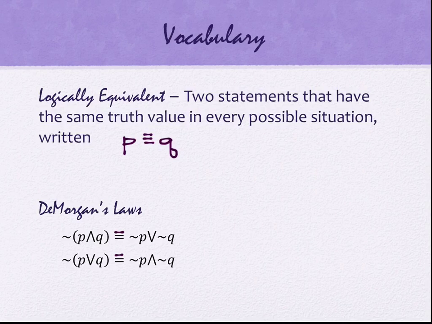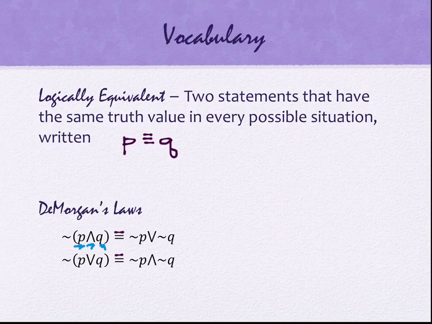Do you guys see that? It turned upside down. And the same thing happens if I start with an OR statement. An OR statement's negation becomes an AND statement. So it's almost like I'm negating all 3 pieces. I negate P, I negate the connective, and I negate Q. Okay? So we're negating all 3 components when we do De Morgan's law.